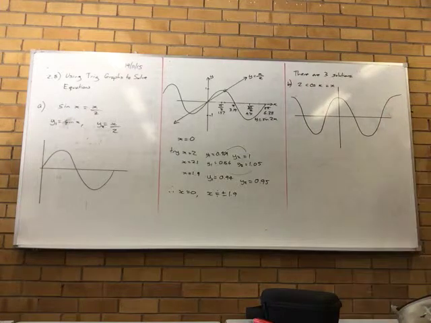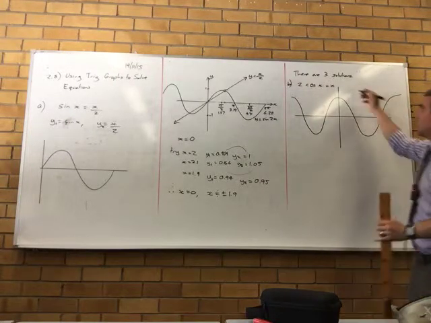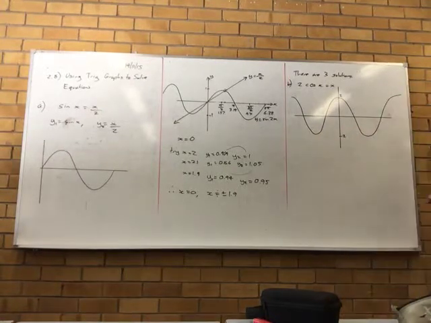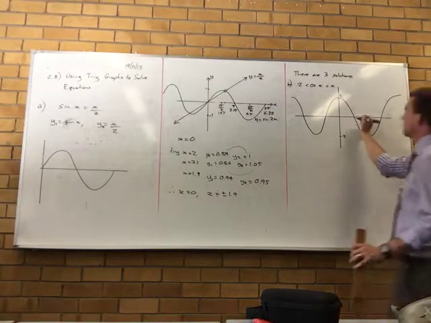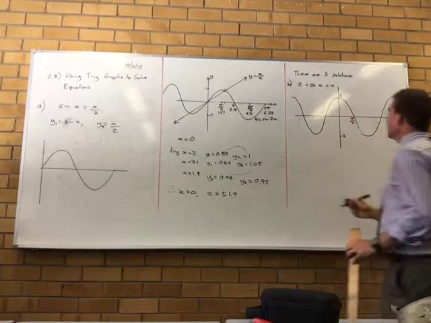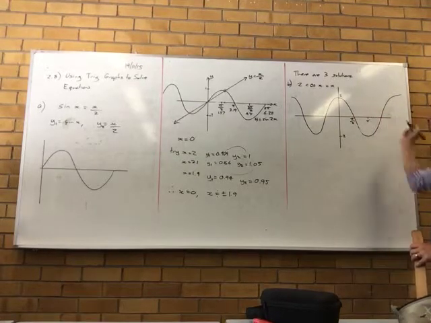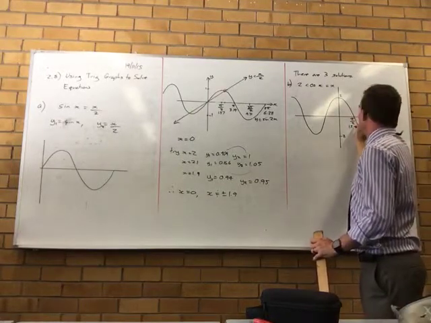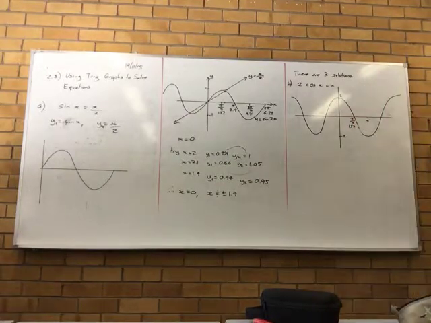Okay, so I'm drawing my cos curve there. The amplitude is 2, so the maximum and minimum are 2 and negative 2. So pi on 2 and pi. Pi on 2 is approximately 1.57, and I'm going to use that for my graph information because I know the point 2 lies on the graph of y equals x.